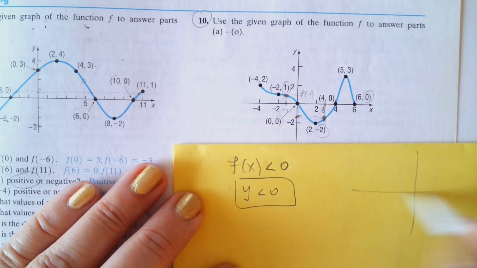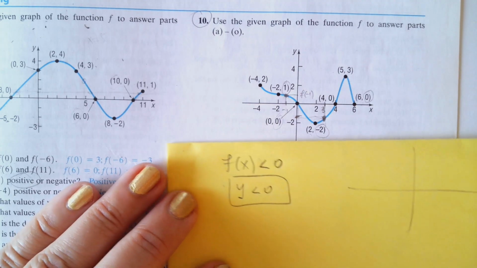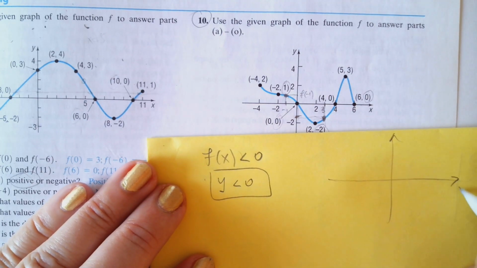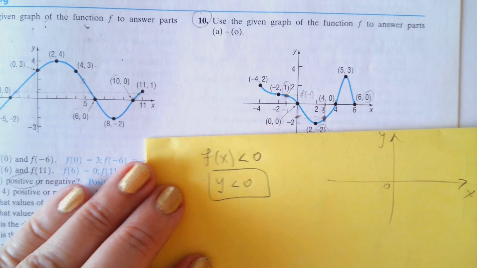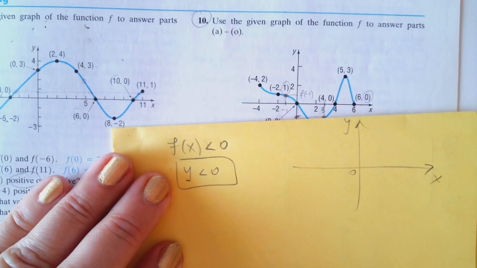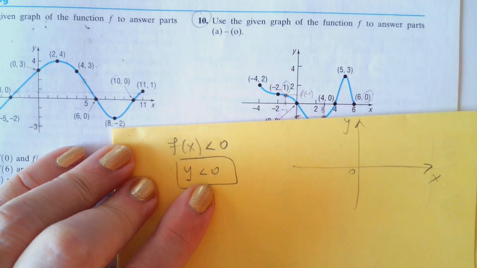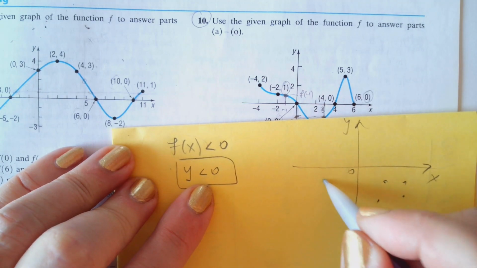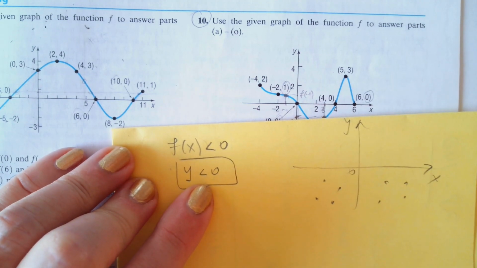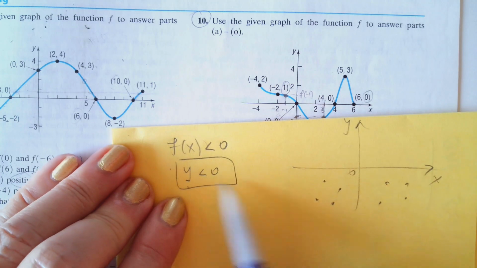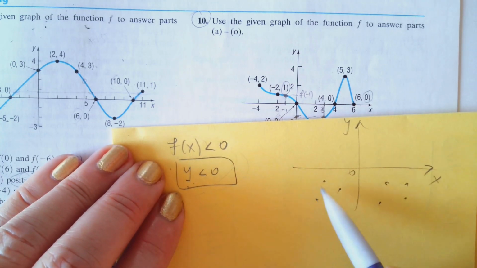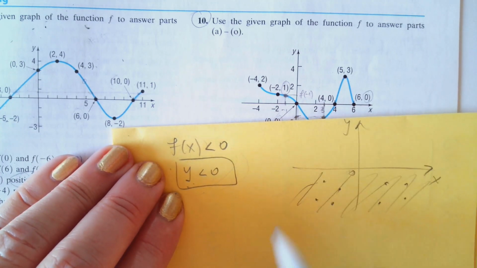If I'm asking you to plot a point in the rectangular coordinate plane, where are you going to have points of y coordinate negative? Somewhere here in quadrant 4 or quadrant 3, isn't it? So points of y coordinate negative on the graph are going to be below the x-axis.